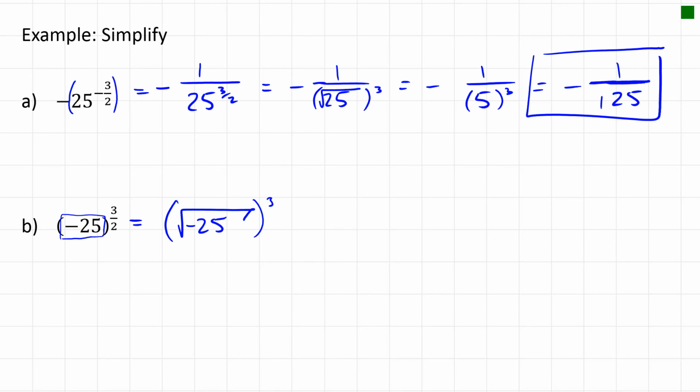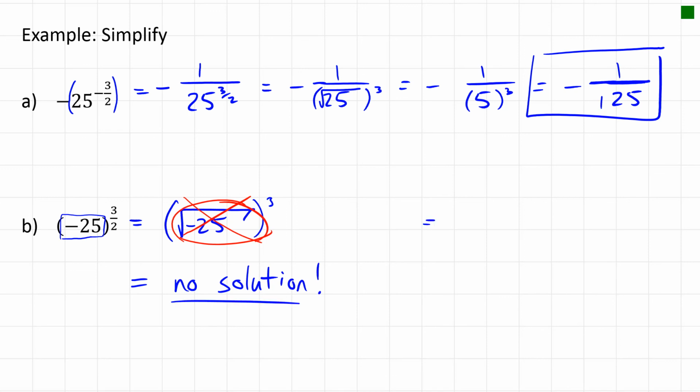But all of a sudden I see that I cannot take the square root of a negative number, which means that this is not going to work. There is no solution to the second example. And had I gone the opposite route and done negative 25 cubed and then square rooted, it wouldn't have helped me any, because a negative number cubed is still negative, which means I still can't take the square root of it.